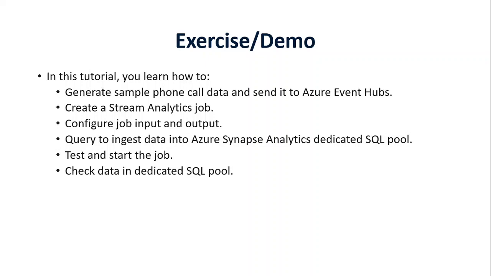We will show how to configure the input and output in the Stream Analytics job, ingest data into the Synapse Analytics pool, test and start the job, and finally check if data is available in the dedicated SQL pool. Okay, so without further ado, let's jump to the Microsoft Azure portal.